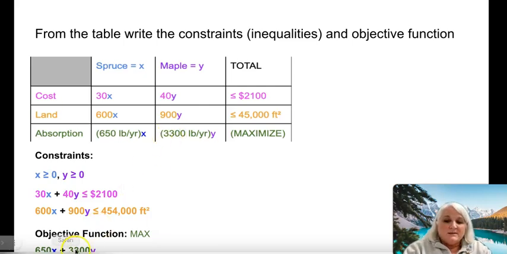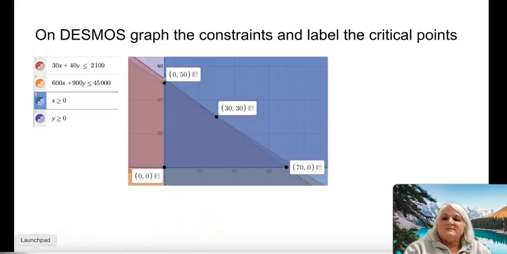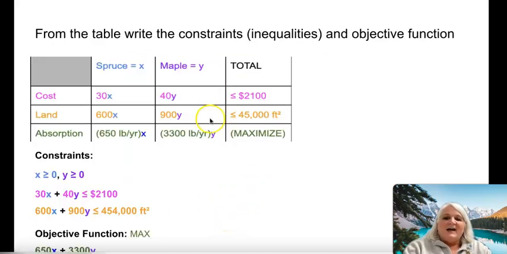So I have plus 3,300Y. Oops, I switched places, sorry. And this is what I'm maximizing. It's not equal to something. I'm going to find out what it is equal to when I put it into the equation.